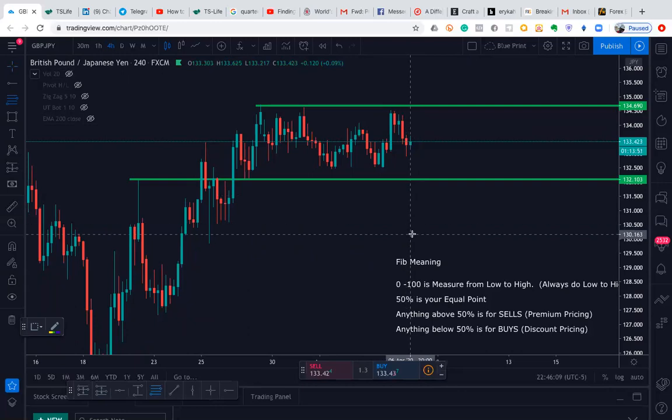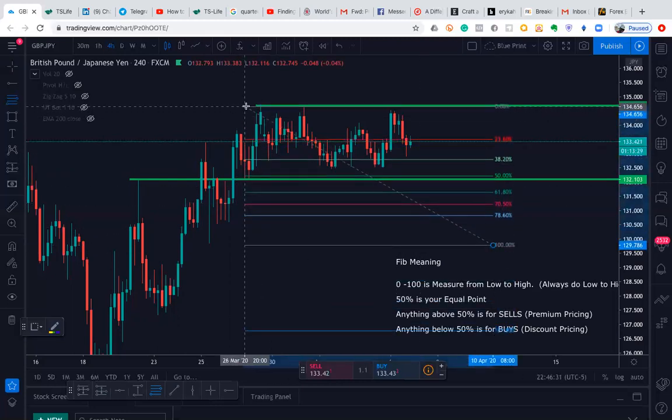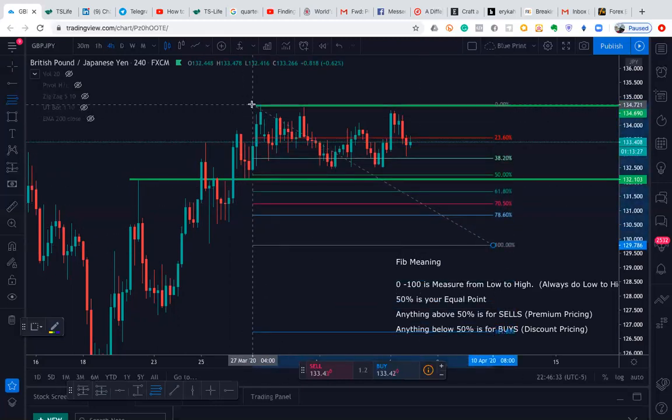So let's just say for all intents and purposes, we want to go from this low right here to this high right here. So what we do is we do this and pull that right there. Okay, so I went from the low to the high.